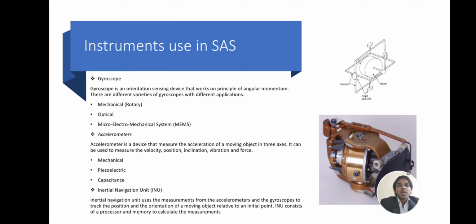One uses piezoelectric material to change the voltage of the sensor, and the other changes its capacitance when moving. Let's look at the inertial navigation unit. Inertial navigation unit is the onboard computer for the navigation and stability augmentation system.